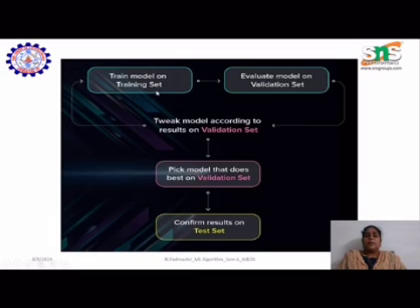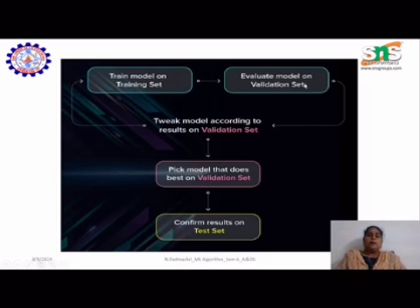Train the model on the training set and evaluate the model on the validation set. Training is done on the training set, and evaluating is done on the validation set. After the evaluation, we tweak the model according to the result on the validation set. Then it goes back to training the model on the training set.